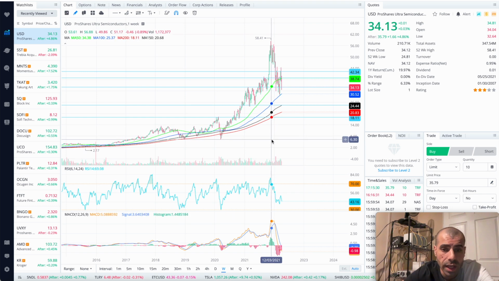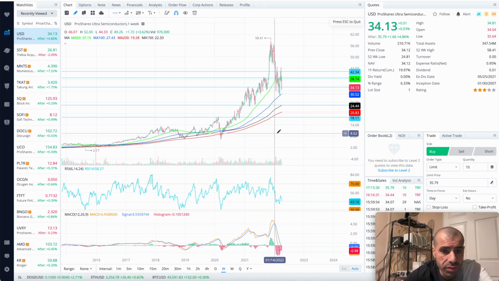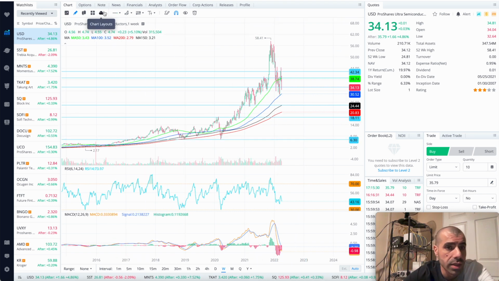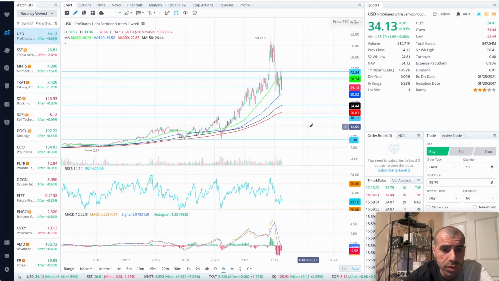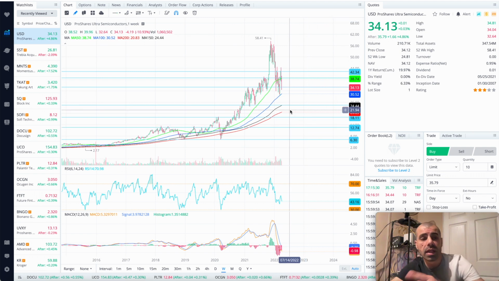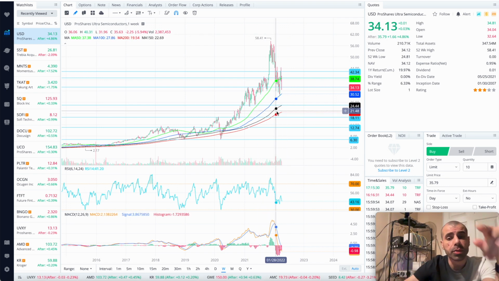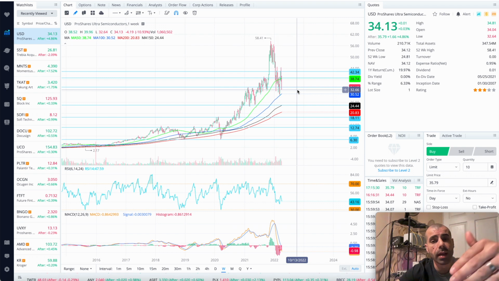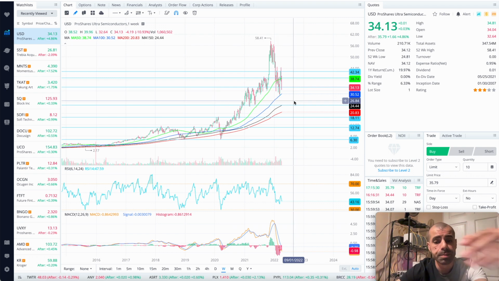Some of these lines I can draw that we've never been to for a very long time, but they could still, if the stock comes down low enough, come in use and be useful for us. Just wanted to show you how easy it is to draw these lines and to help yourself decide when or if it is a good time to get in or to get out of a play.